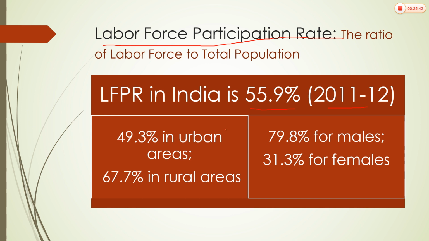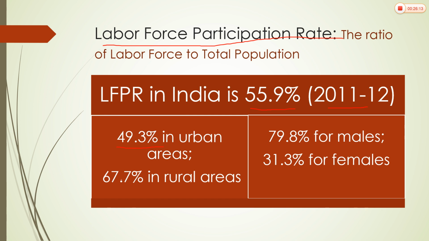If we segregate this rate into urban and rural areas, we get 49.3% people in urban areas as working. So not even half, not working actually, just labor force participation rate. It means approximately half of the total population in urban areas is either employed or unemployed, or together employed and unemployed.